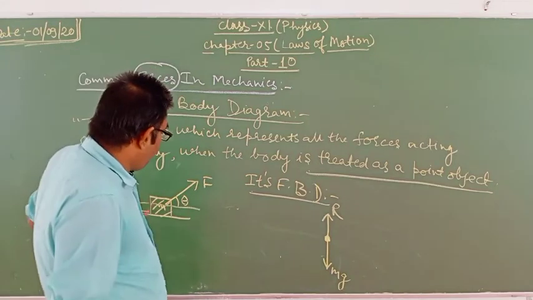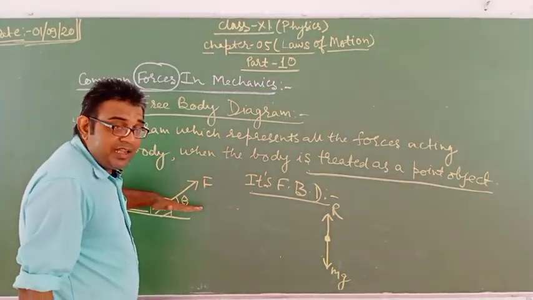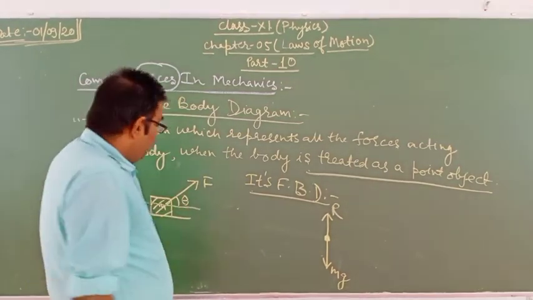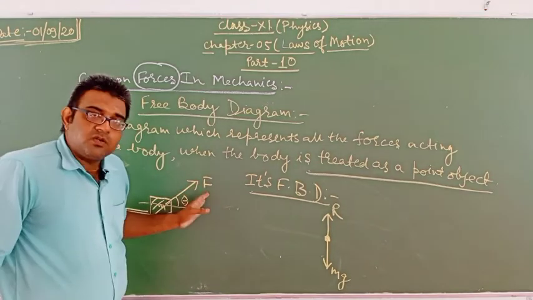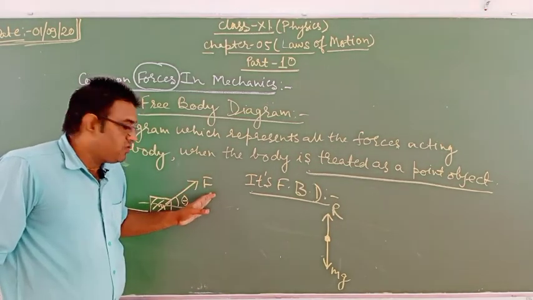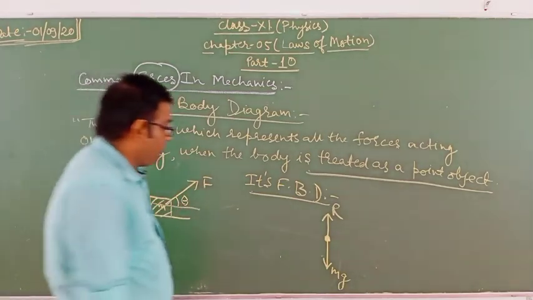Now a force F is acting, making an angle theta with the horizontal. Since force is a vector quantity, we can resolve this force into its two components, the horizontal component and the vertical component.